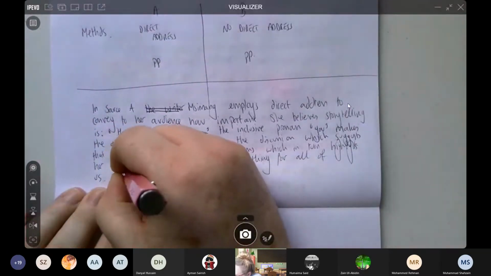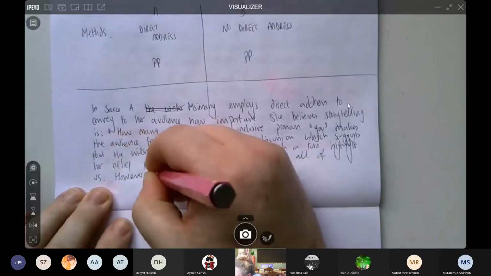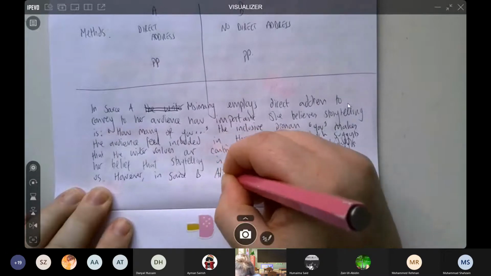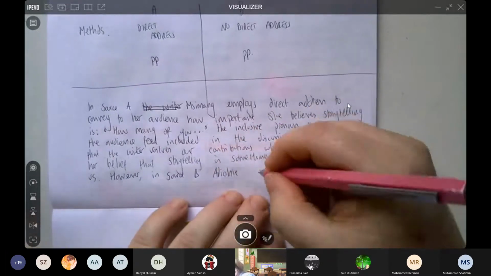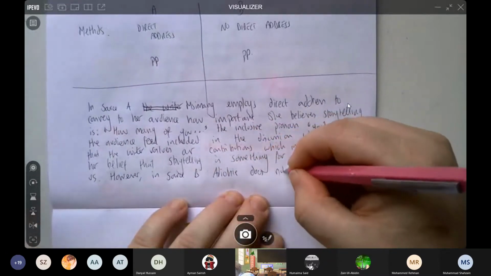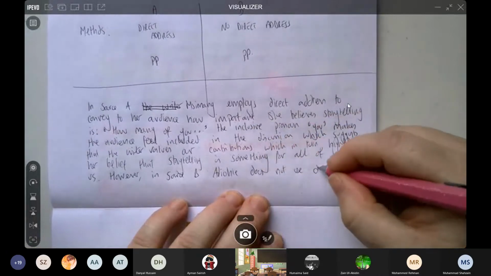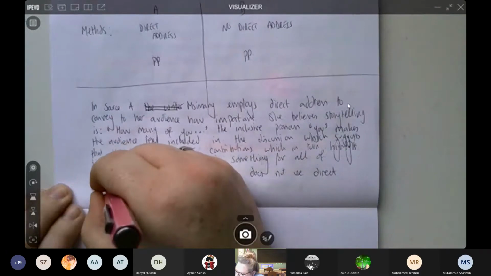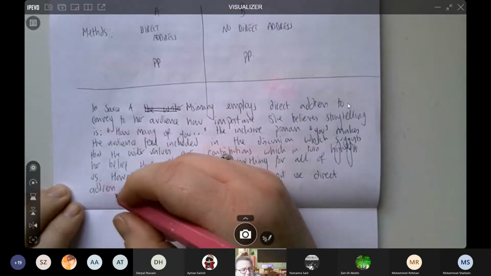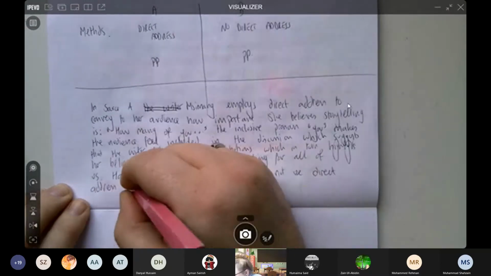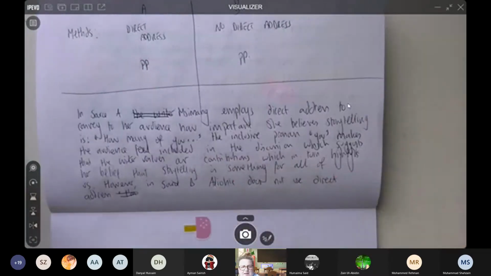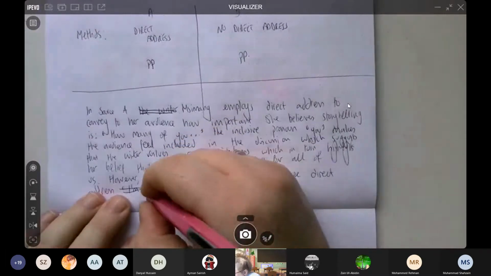However, in source B, Adichie does not use direct address.